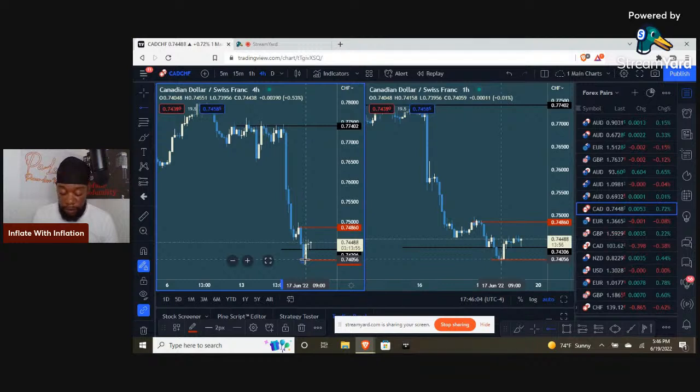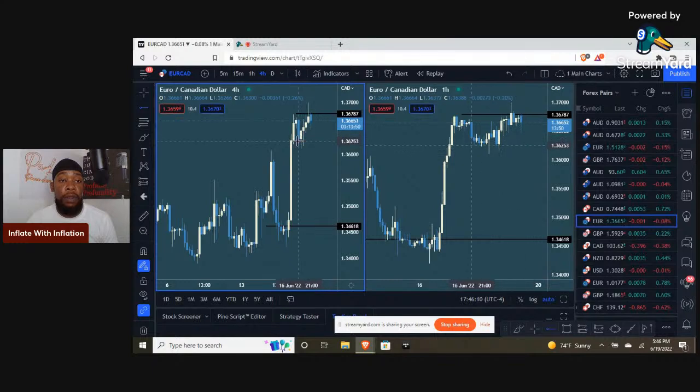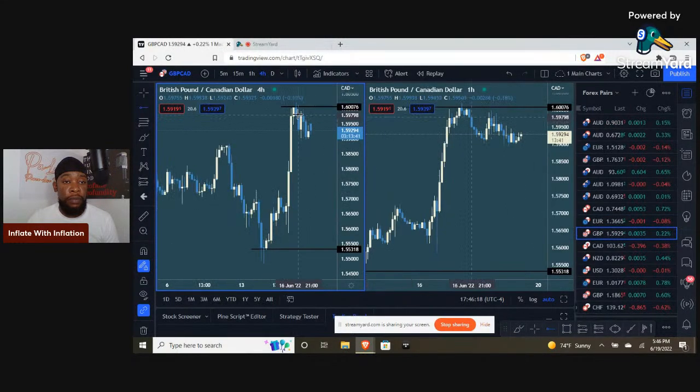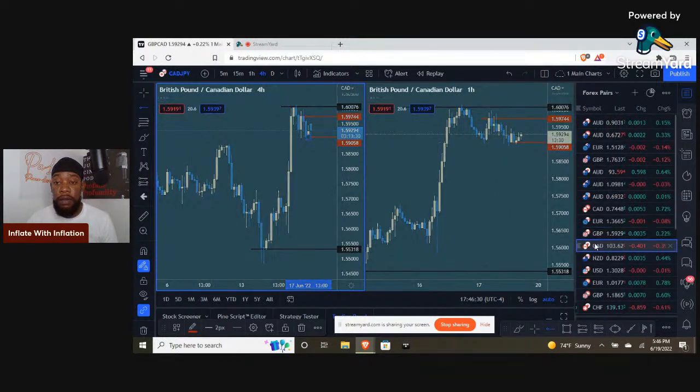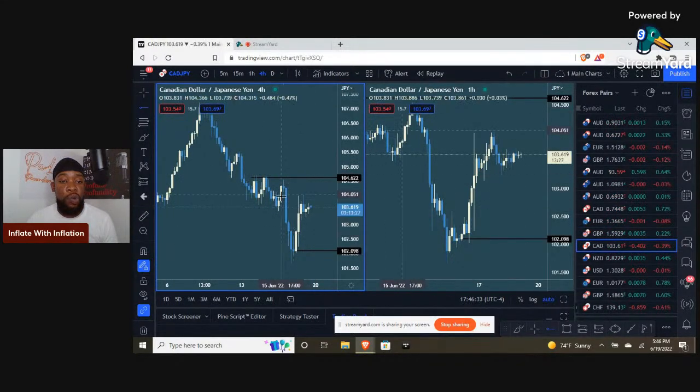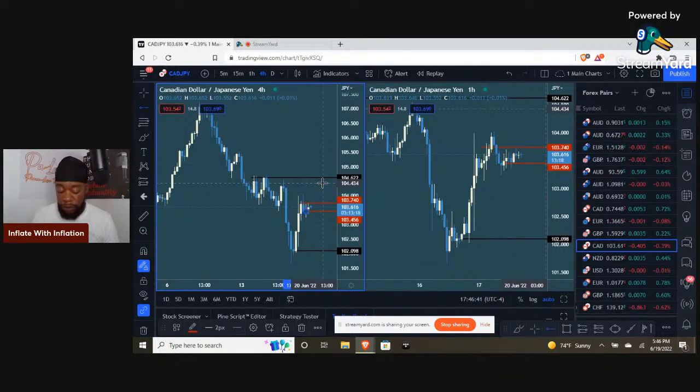All right. Here we have cash selling, Swiss franc buying. Euro buying, cash selling. Sell from there to there. Pound is selling, CAD is buying. Ooh, this looks like it's gonna be a market turn, but for now it's selling. So CAD is selling, yen is buying.